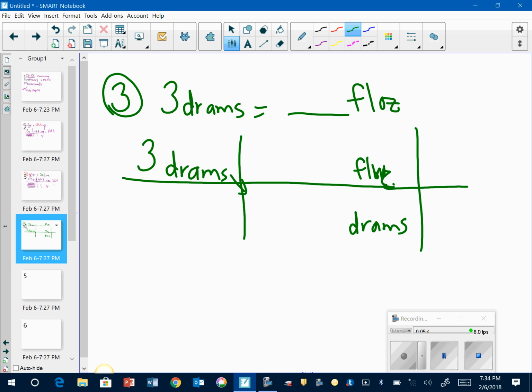What we'll do is take this to milliliters first. You look in your chart and you see that 1 dram is equal to 5 milliliters. If you have milliliters here, you have to have milliliters here. And then we're going to take it to fluid ounces. So you have 29.5 milliliters is equal to 1 ounce.